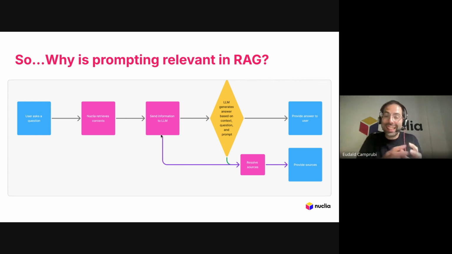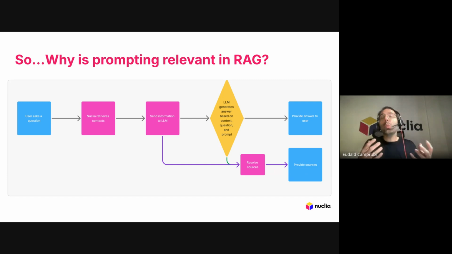The language model generates the answer with that specific context, and together with the answer, we also use the prompt to answer in a specific way.